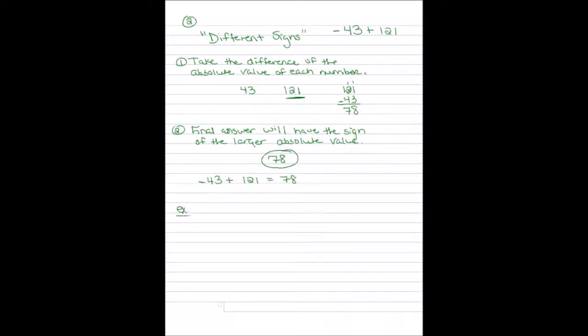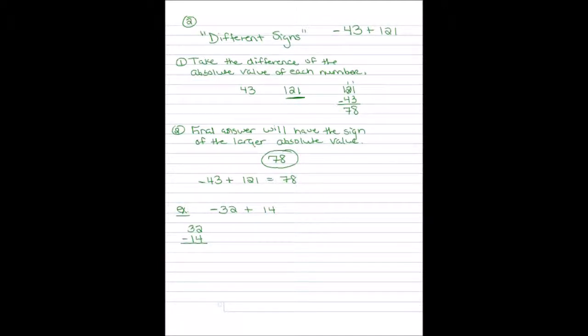Let's try another example. Let's say if I had negative 32 plus 14. So let me take the absolute value of each number. The absolute value of negative 32 is 32. The absolute value of 14 is 14.